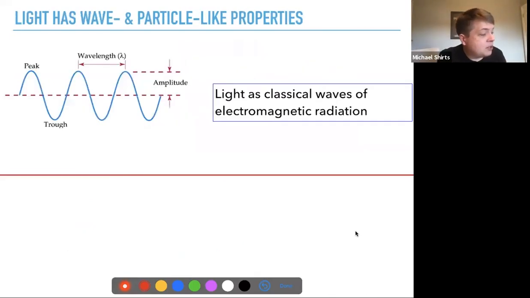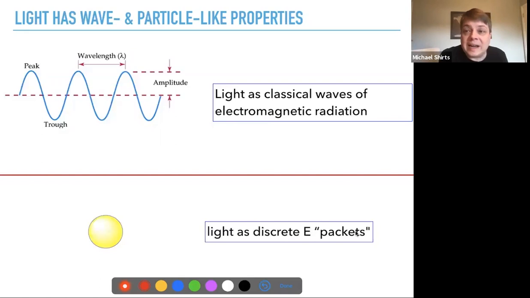So light has wave and particle-like properties. This is the first thing we have to understand. In many ways, light behaves as classical waves of electromagnetic radiation. When I say classical waves, I mean you can write them down as a function that is just a sum of sines and cosines. But then also, light occasionally behaves as discrete packets of energy.